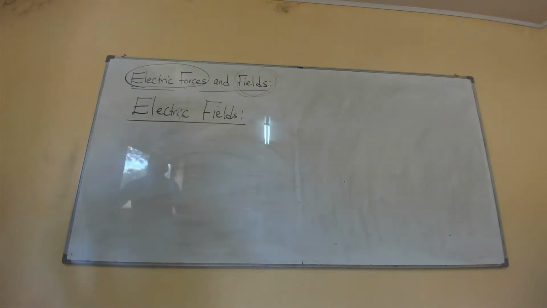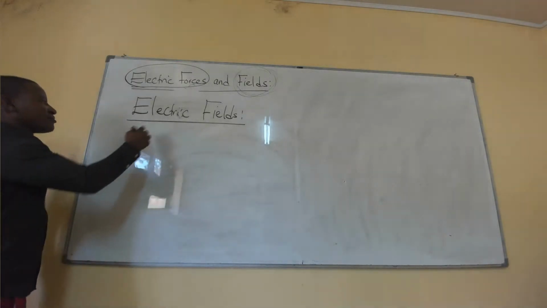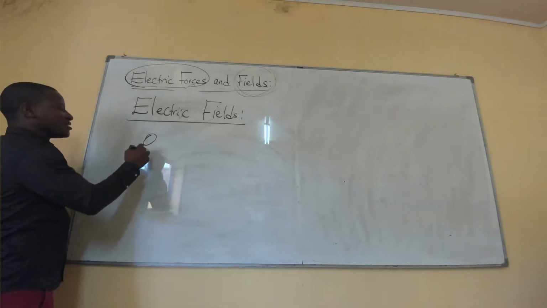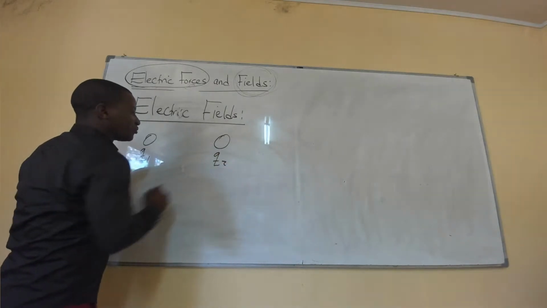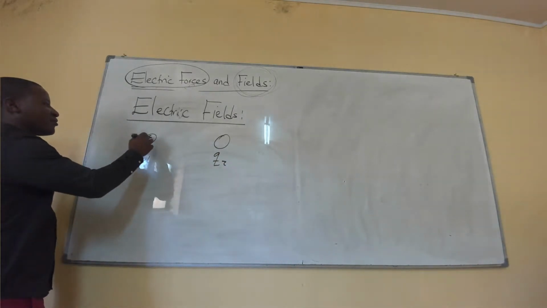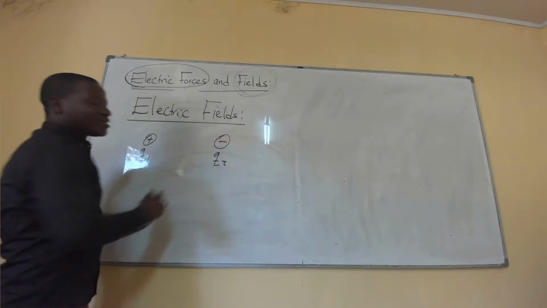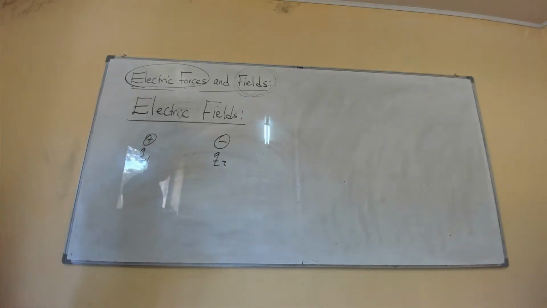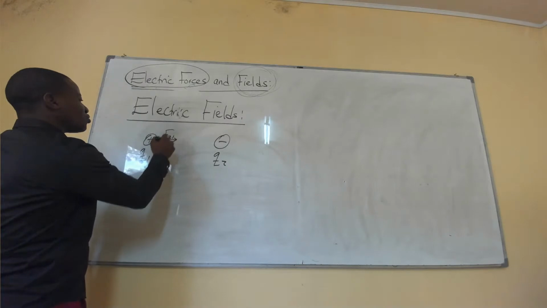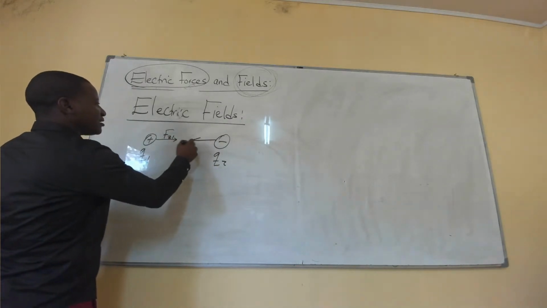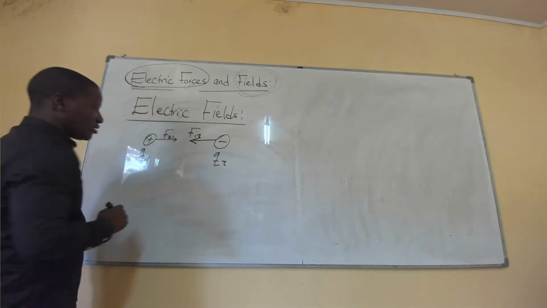Remember when we looked at electric forces, we had said this is our Q1, this is our Q2, where we said, of course, this may be positive, that may be negative. But this time around, we are looking at a field. In here, we're just looking at a parallel F21 and F12.